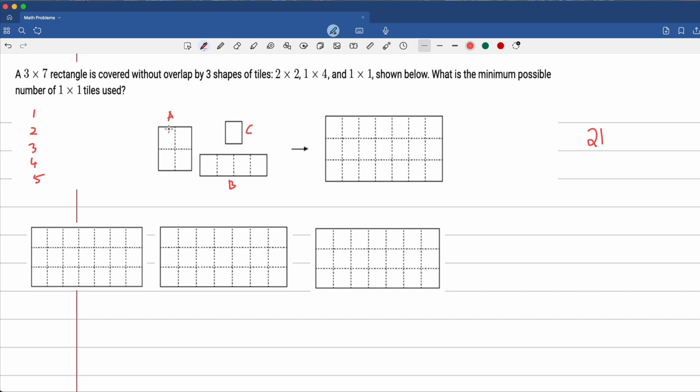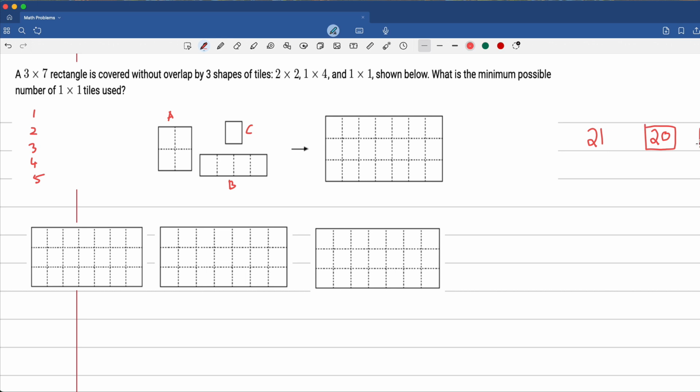The thing about using tile type A or B is that the area covered is always a multiple of 4. Even if you were to fit in all 5 A's, or all 5 B's, or a combination of A and B so that there are 5 of those used, maybe 3 A's and 2 B's, you would still always be left with 1 square free because 20 is the maximum you can reach.